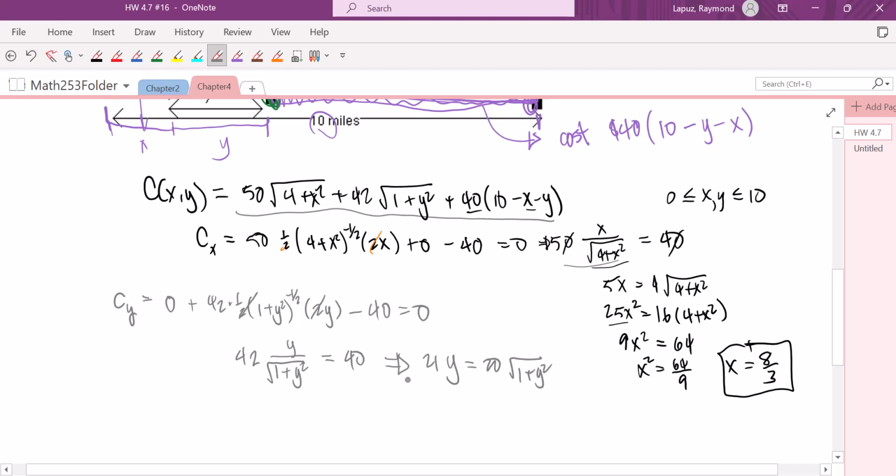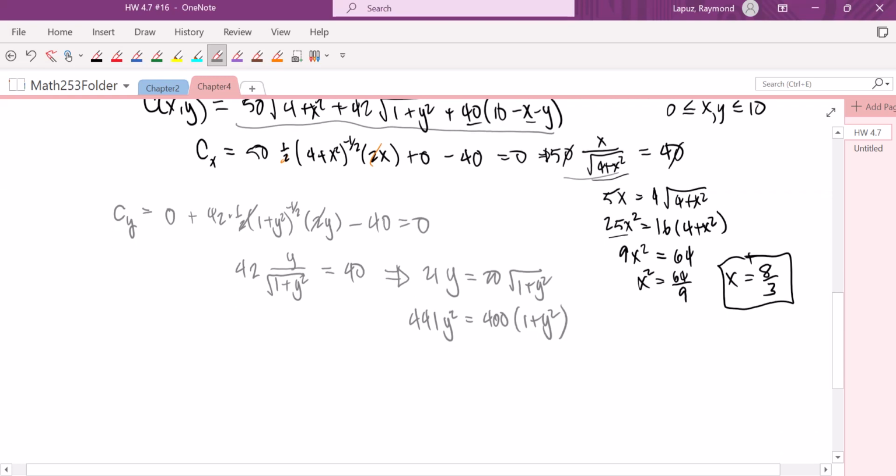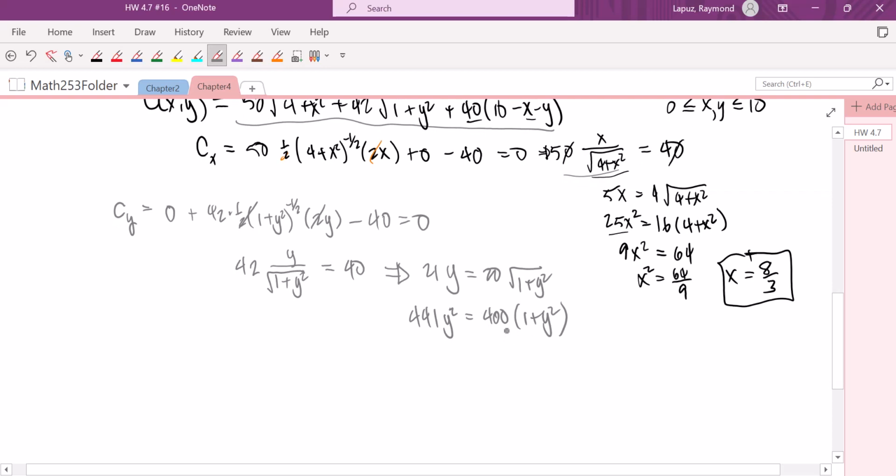We'll square both sides, and I need to know what 21 squared is. I think 21 squared is 441, y squared, plus 20 squared is 400, and this will be 1 plus y squared. All right, we keep going with this. We have 441y squared minus 400y squared, so that's just going to give us a 41y squared is equal to 400.